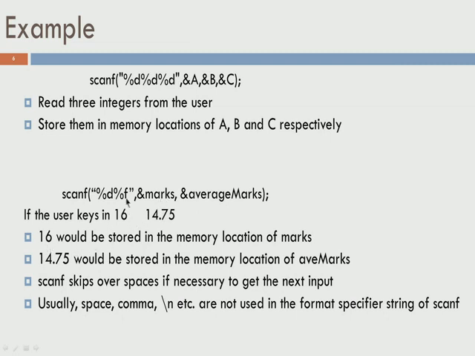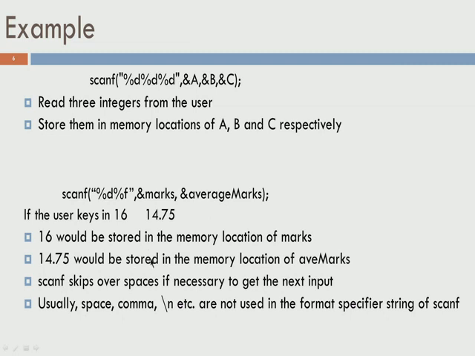Then the format specifier says %f, which means scanf should look for a floating point number, and when it looks at the 4 spaces, the space is not a part of a number, therefore it keeps looking further. It sees the number 14, followed by a dot and then 75. After that there is no more input, which means the input ends at 14.75. So 14.75 would go as the average marks.